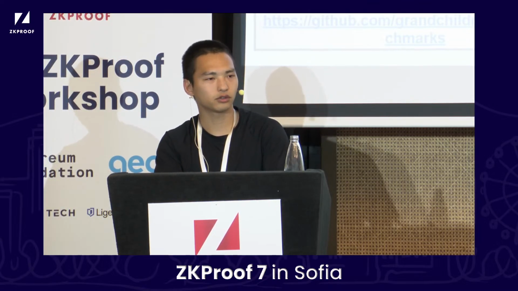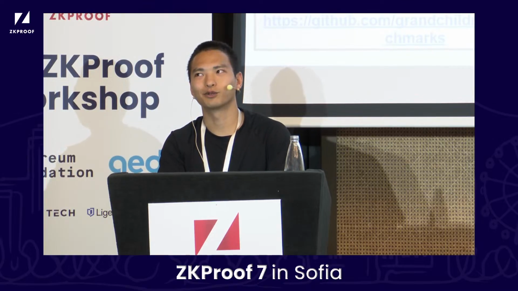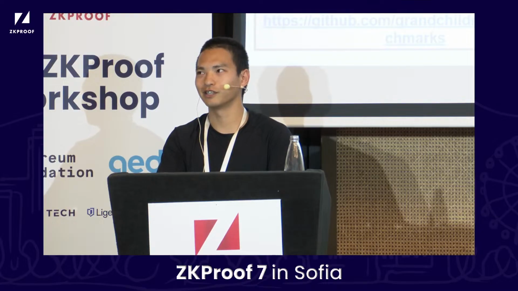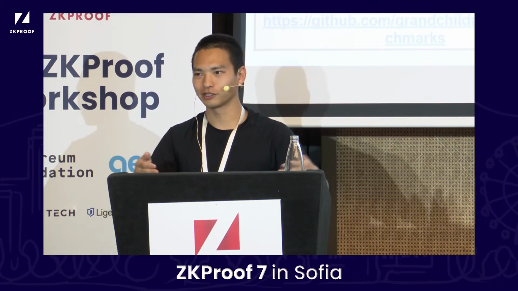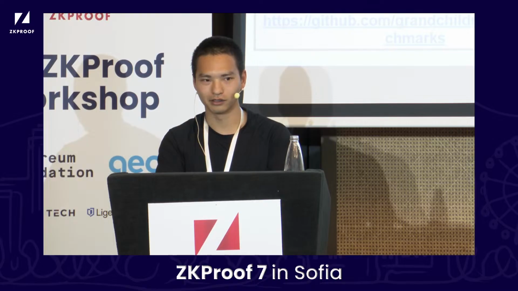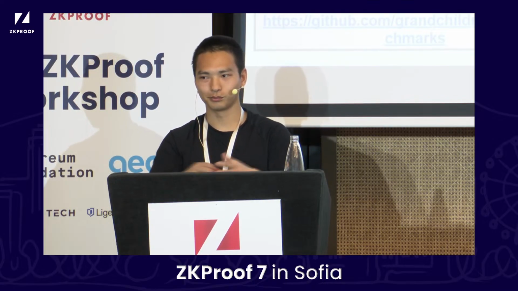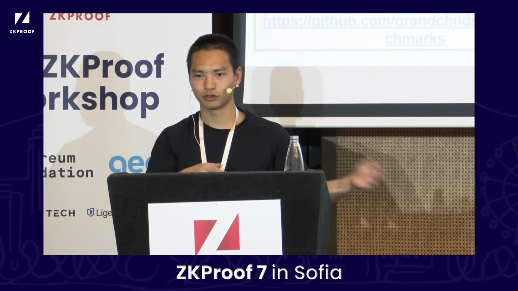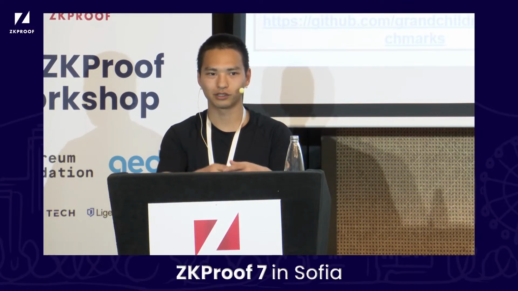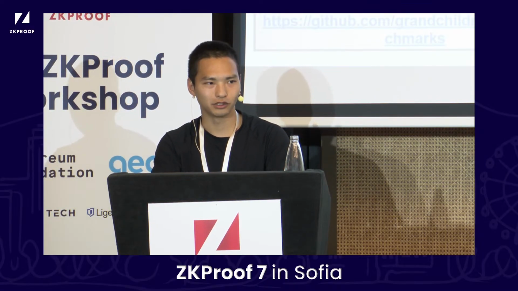And also, many zkVM projects are working on implementing zkML, like proving machine learning with zero-knowledge proofs. So I think such operations like matrix multiplications, activation functions, or any other machine learning operations should be compared.